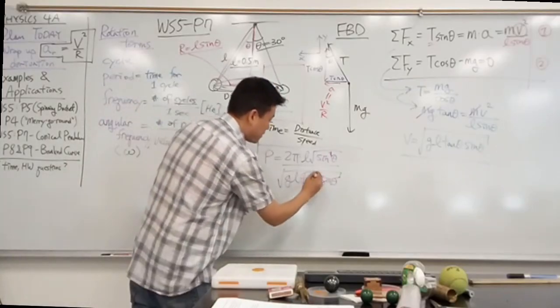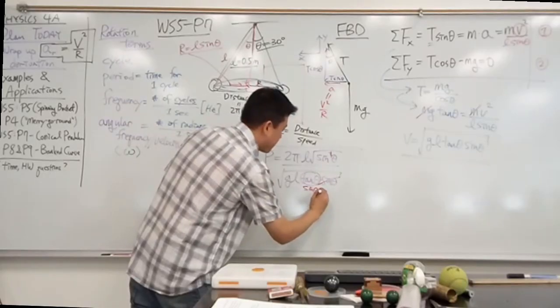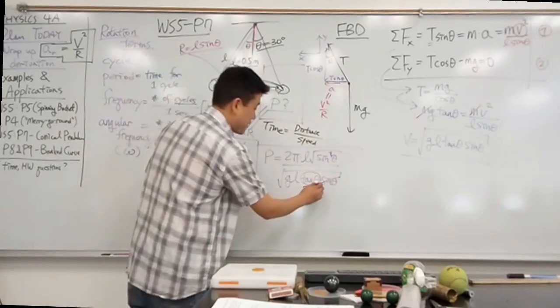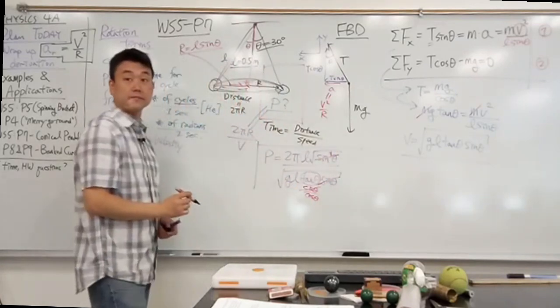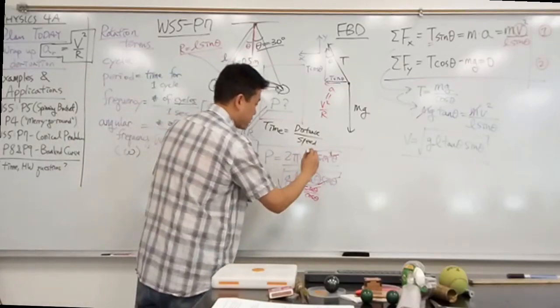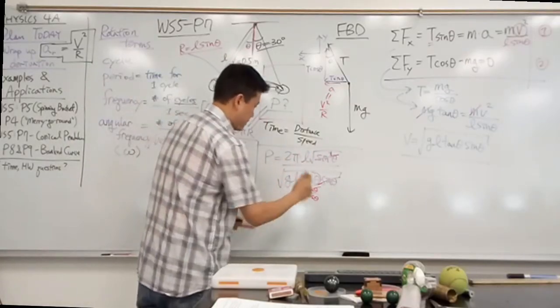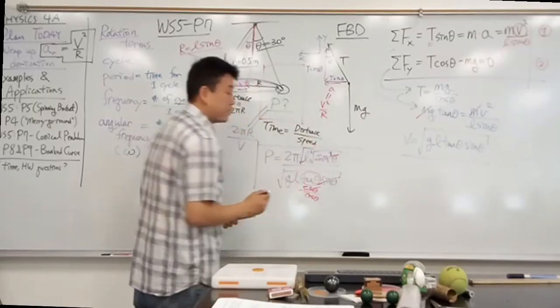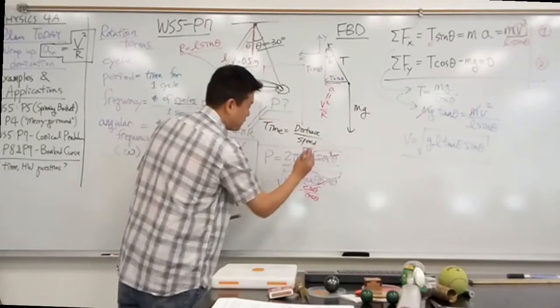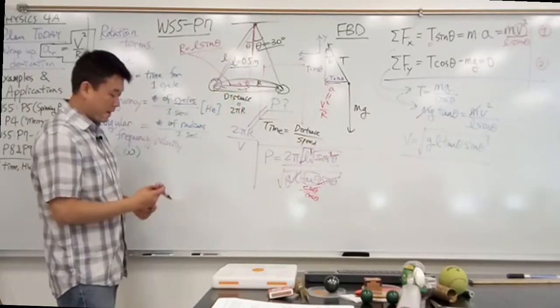This tangent theta here is sine theta over cosine theta. So I can cancel this sine theta with the remaining sine theta. I'm going to look at this L as also equal to L squared square rooted. So I can cancel out 1 factor of L from here. All right, that seems enough.